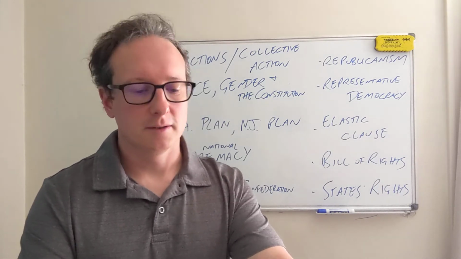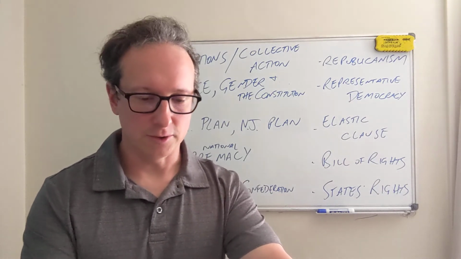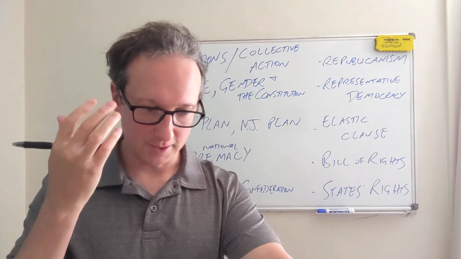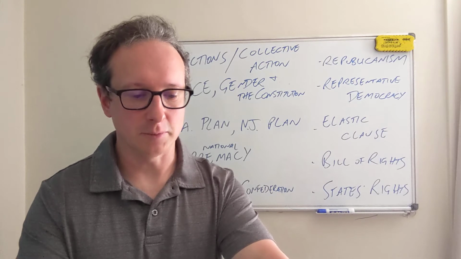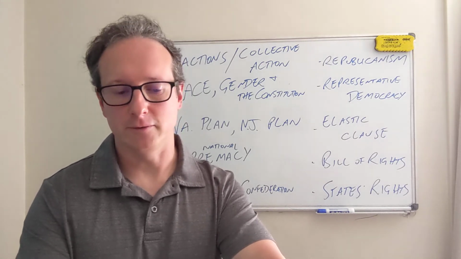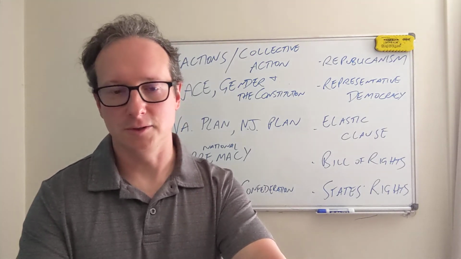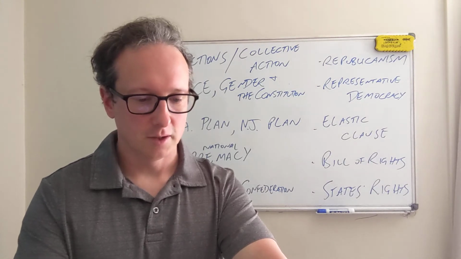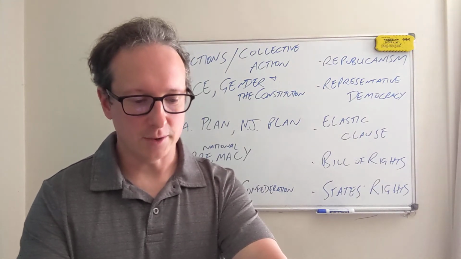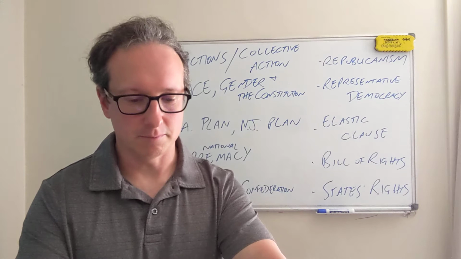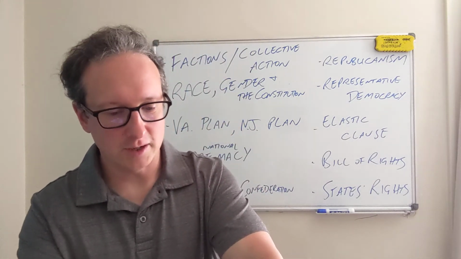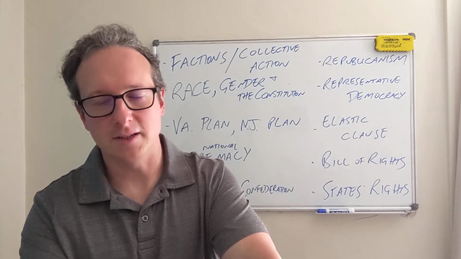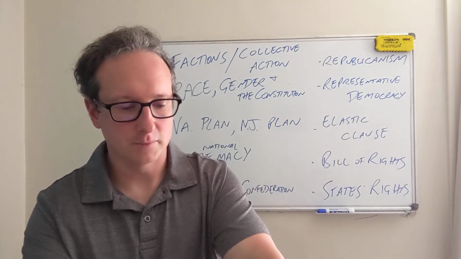Another compromise was the Virginia Plan and the New Jersey Plan being merged into the Connecticut Plan, or the Connecticut Compromise. The Connecticut Compromise was simply grafting most of the Virginia Plan onto the New Jersey Plan. New Jersey wanted the House and the Senate to be based on states, and Virginia wanted both the House and the Senate to be based on population.